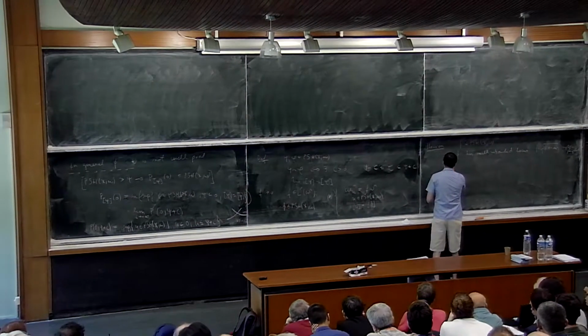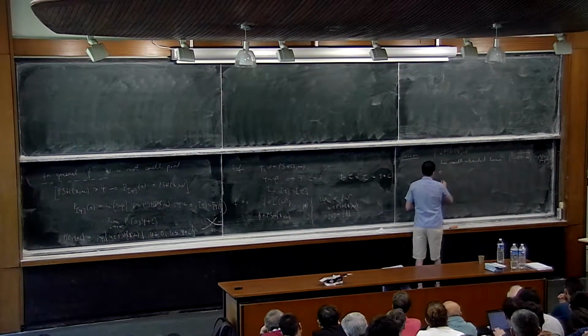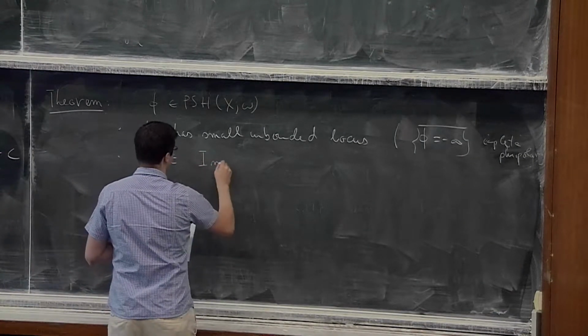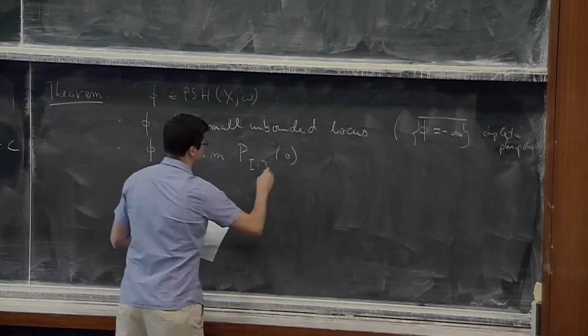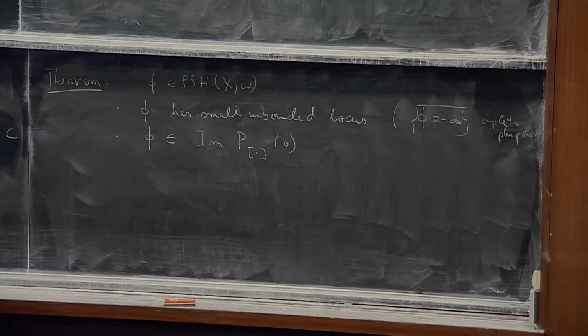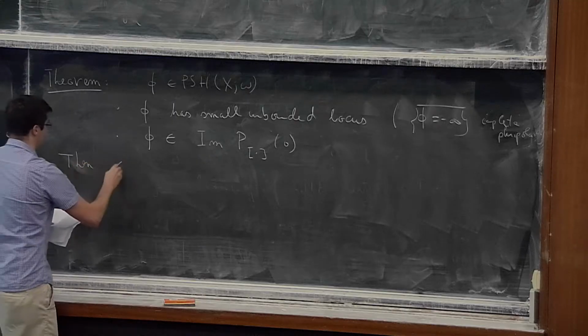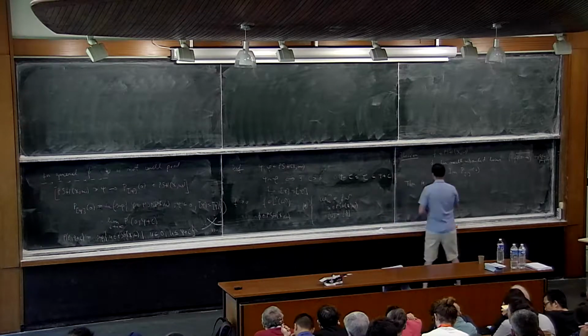And the second, more important condition: phi has to be from the image of this operator. So then star has a solution that's unique up to a constant.